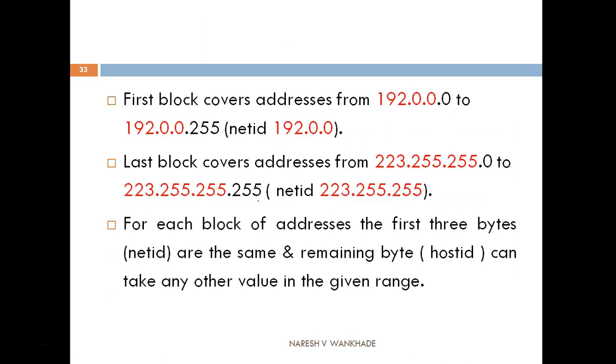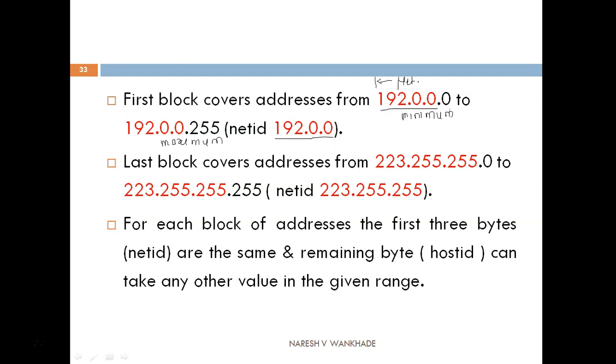In class C addressing, the first block covers addresses from 192.0.0.0, which is the minimum value of the block, to 192.0.0.255, which is the maximum value of the block, when the net ID is 192.0.0.